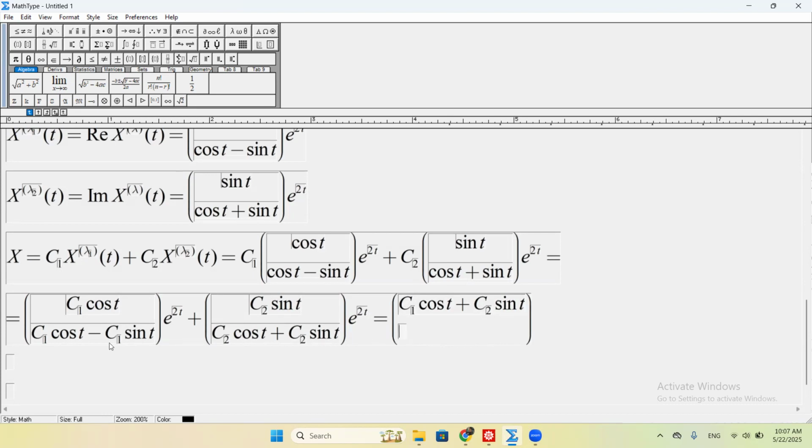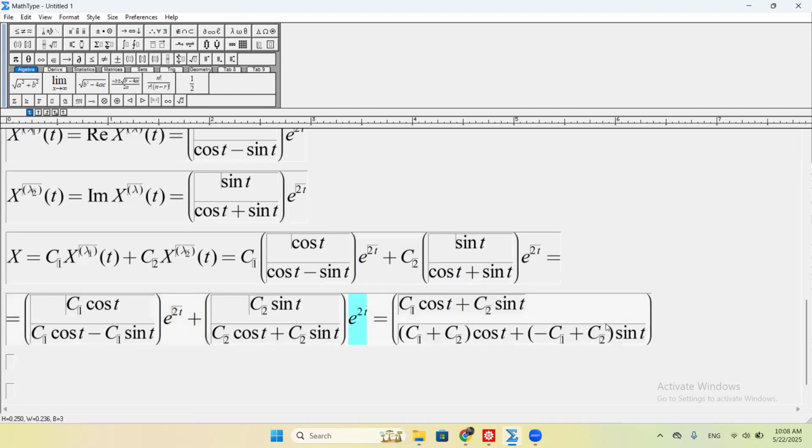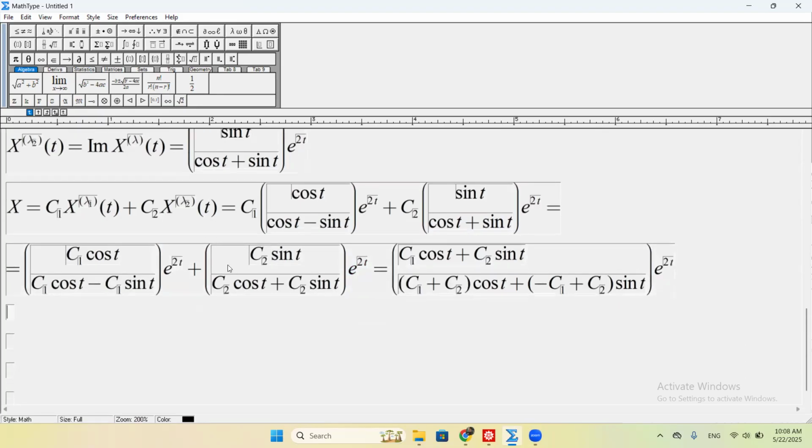Then here, grouping around trigonometric functions: C1 plus C2 cosine of t, and minus C1 plus C2 sine of t, and here will be e to the power of 2t. So this is the solution.